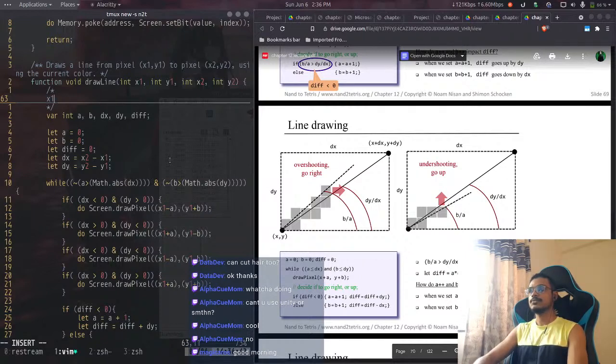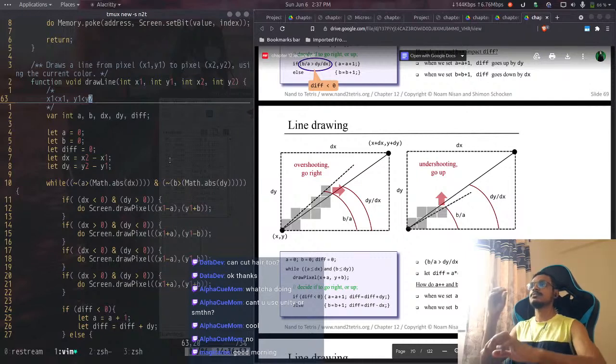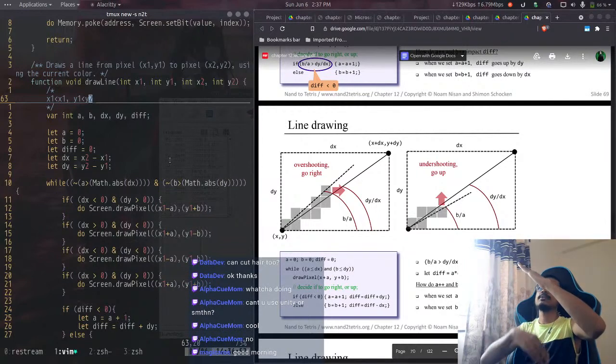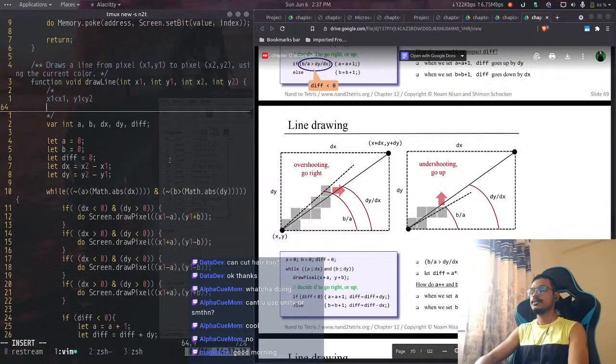x1 less than x2 and y1 less than y2. In this case, both of them are increasing, so the line is like this, going to southeast. In second case, x1 is greater than x2 and y1 remains less than y2.